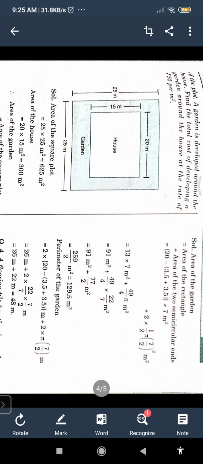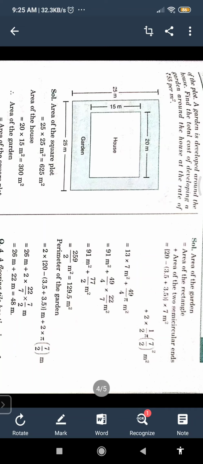Okay, so 1 upon 2 multiply pi multiply 7 upon 2, radius will be 7 upon 2. So 13 multiply 7 meter square plus 2 will be cut, 7 square 49 and 2 square is 4.